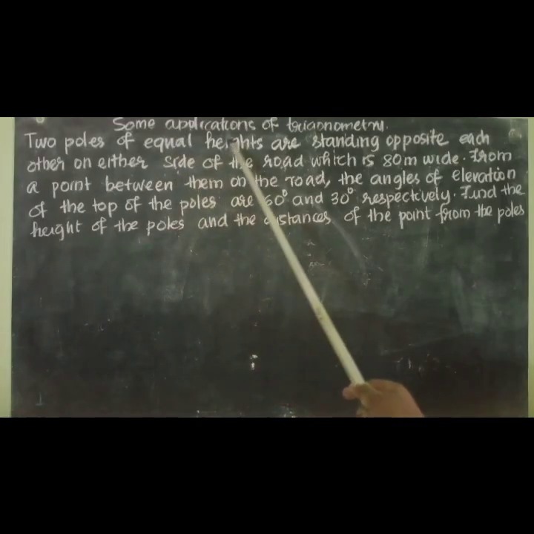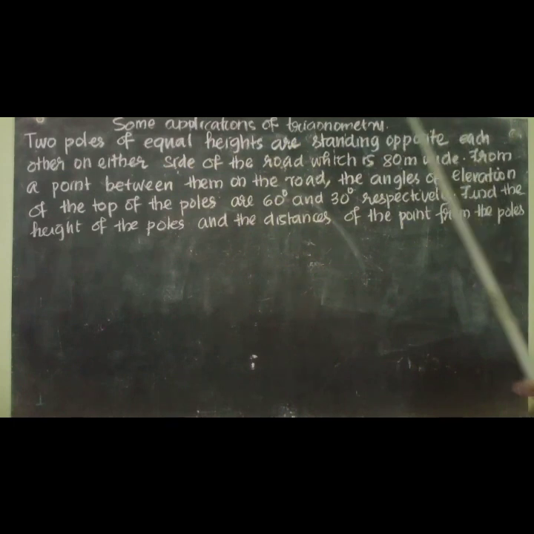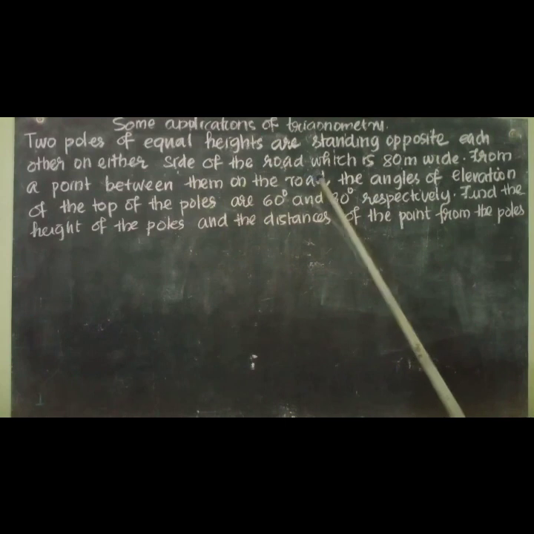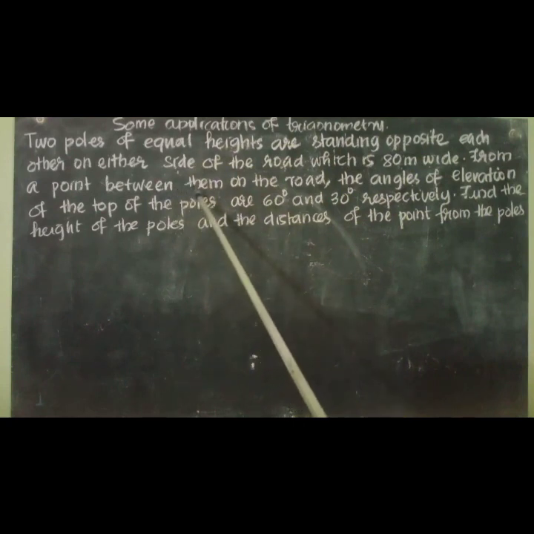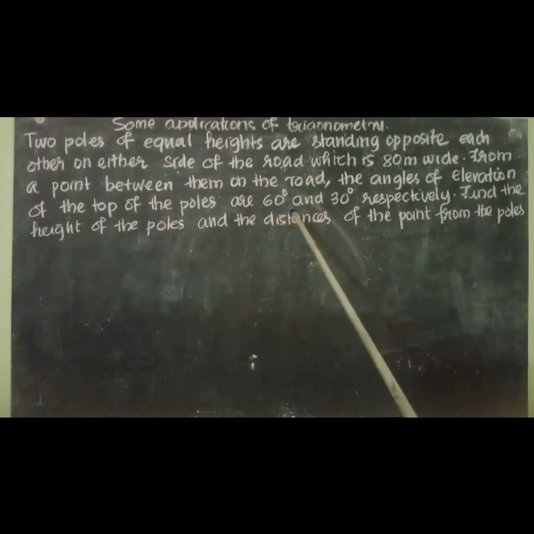Two poles of equal heights are standing opposite each other on either side of the road, which is 80 meter wide. From a point between them on the road, the angles of elevation of the top of the poles are 60 degree and 30 degree respectively.